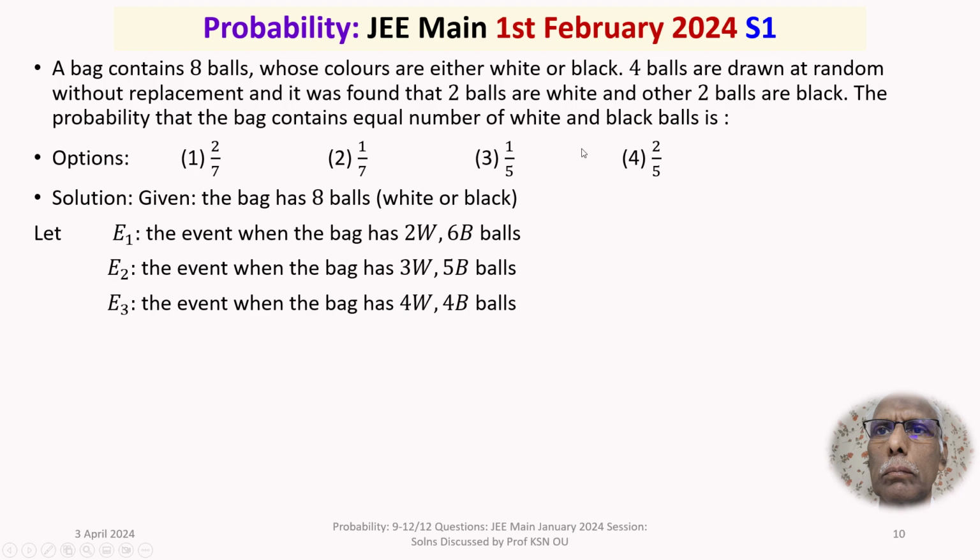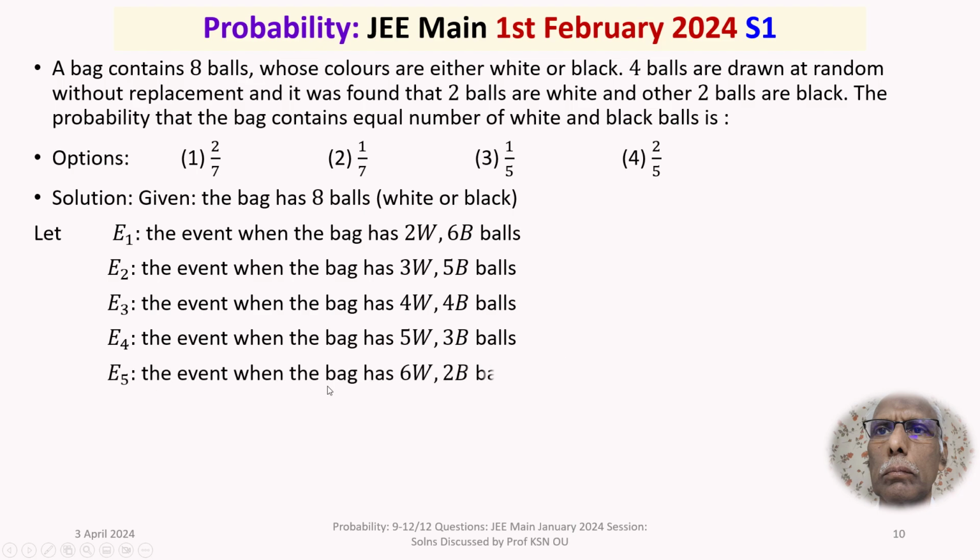This is E3. So that is what is to be found. So E4, the event when the bag has 5 white and 3 black balls. E5, the event when the bag has 6 white and 2 black balls. That is sufficient now. 7 white, 1 black, and 8 white and 0 black, you need not consider. This is sufficient for us.